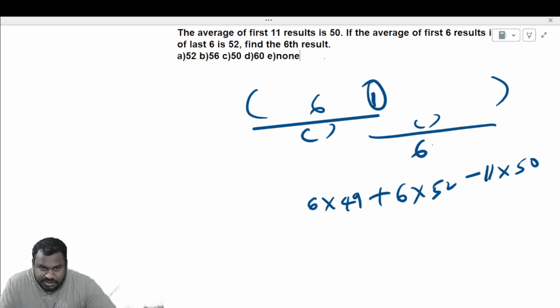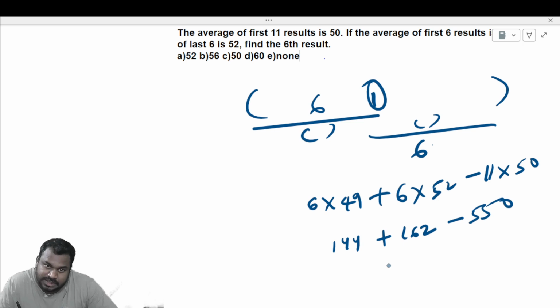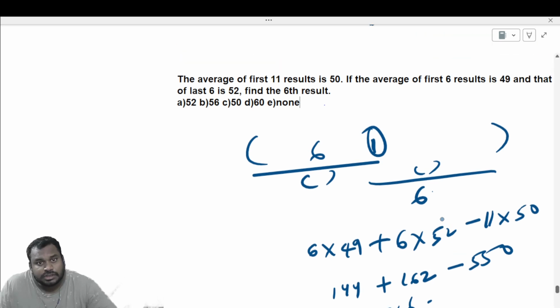So 50 into 6 is 150, 150 minus 6, 44 plus 162, minus 50, 306 minus... The first 6 is 49 and the last 6 is 50.